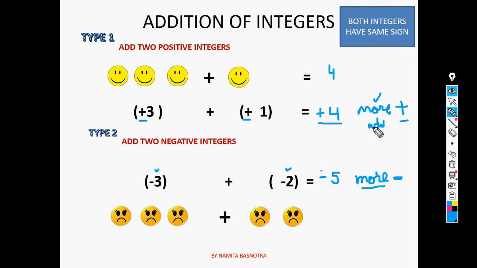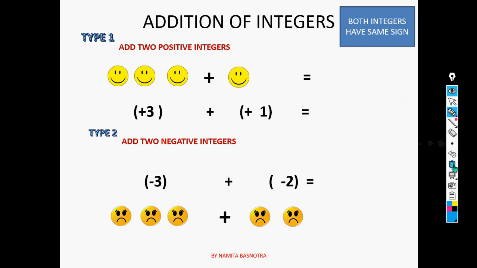Whenever you have the same signs in the integers, you add these, and after that the sign gives the sign of the answer. With negative integers you put the minus sign, with positive integers you put the plus sign. Easy, right? So let's go to the next screen.